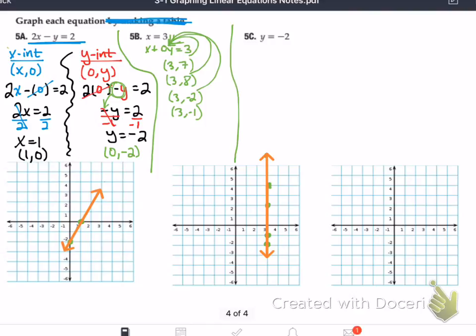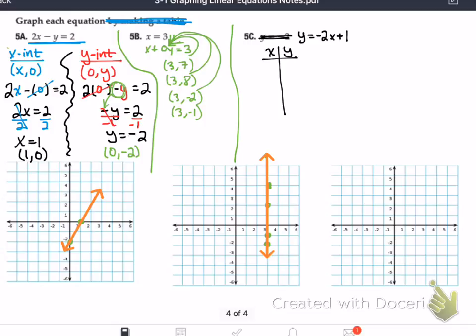Y is equal to 2, or negative 2, is the same thing, only it's a horizontal line. I'm going to cover these in a little bit. What I'd like you to do is change this to y is equal to negative 2x plus 1, and practice using a table to plot your graph.